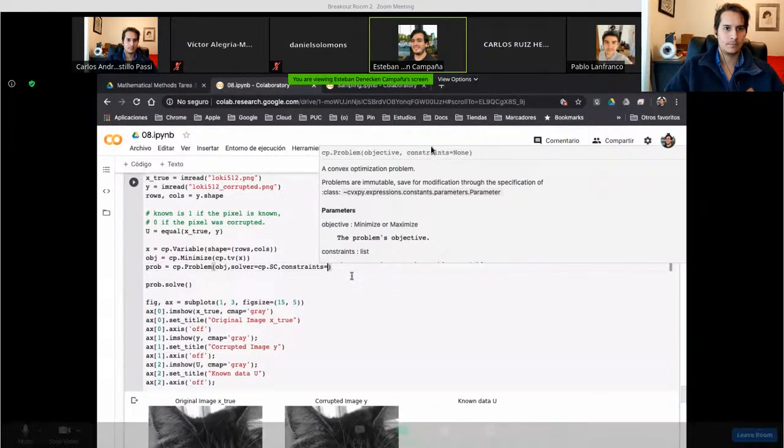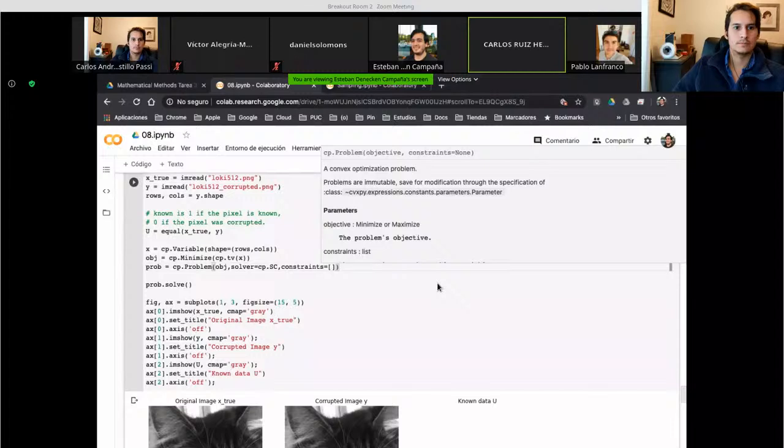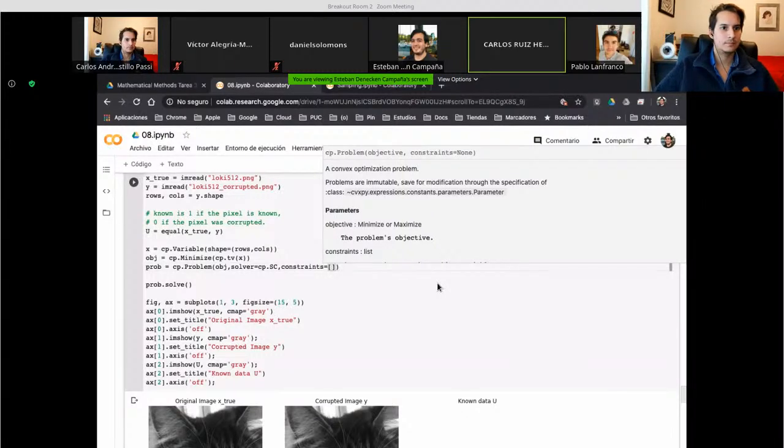I've been looking how to write the constraints, and you have to add a square bracket. And inside, put your equations that you want to use. Yes. And in the hint, I already said that you need to use cp.multiply, so try to use that.